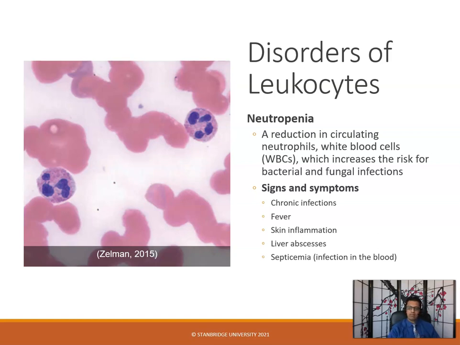Signs and symptoms: chronic infections, fever, skin inflammation, liver abscesses, septicemia, infection in the blood. When you do your CBC, you'll usually look at the count and look for hemoglobin, hematocrit. But if you have an increased number of neutrophils, that could say you might have a bacterial infection.